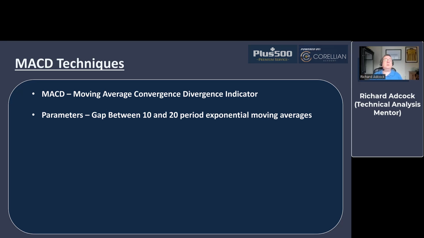Now, the reason I do this is because, as I say, it gives us slightly quicker signals, and it highlights when we're starting to change trends slightly faster than perhaps some of the normal default settings would. So what the MACD does is to measure the gap between the 10 and 20 period exponential moving average. As prices rise, the shorter term average will follow price action more closely than the longer term.